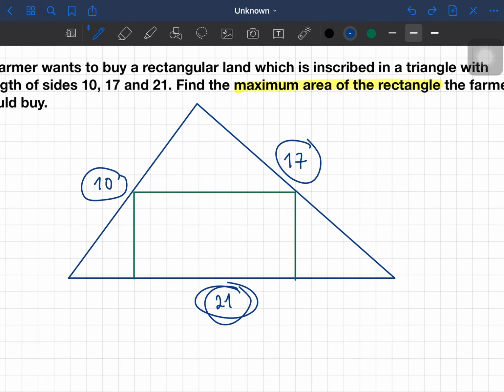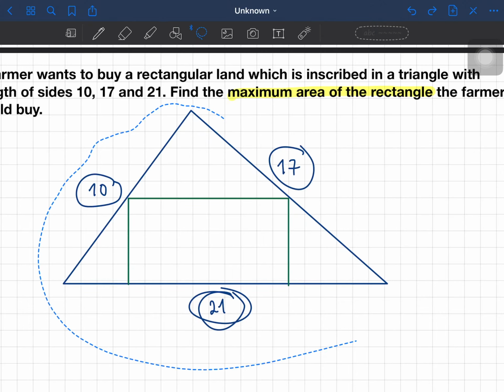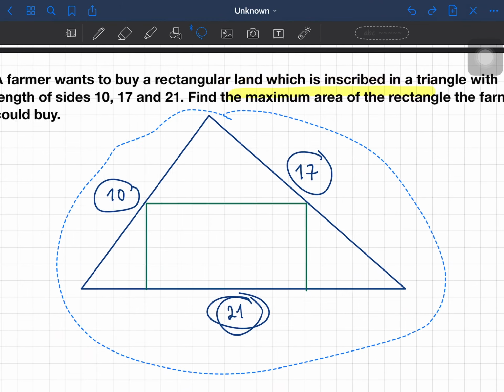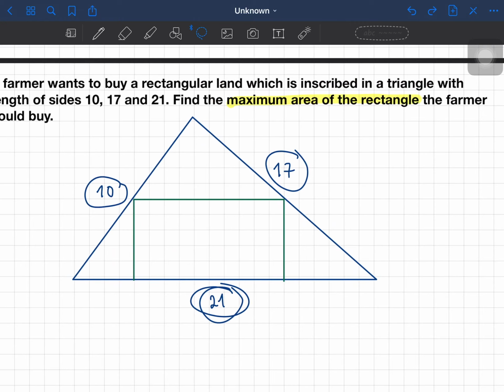Well, it's not really enough. There's not really enough information here. So we can try a coordinate geometry method. Instead of having just a triangle, let's draw a graph of x and y axes like so.